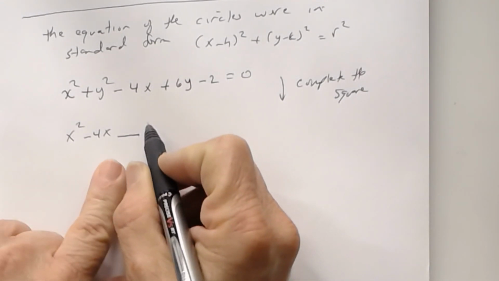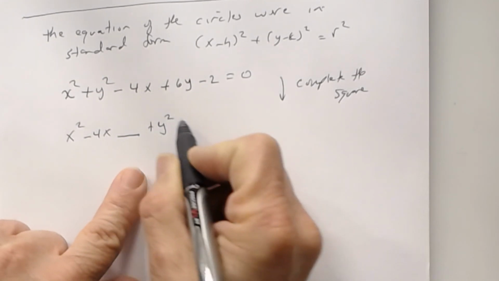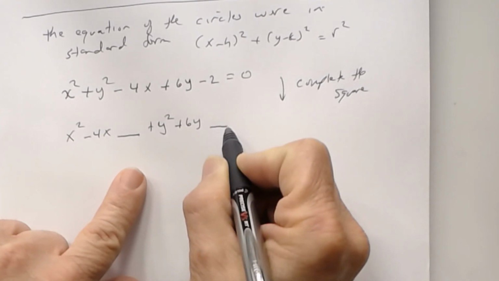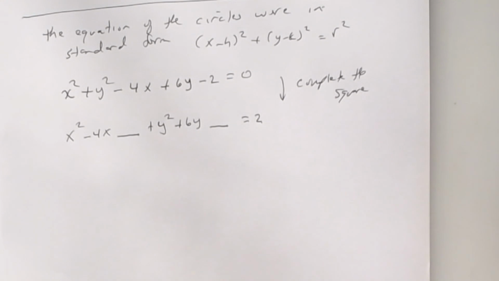Then put the y's together: plus y² plus 6y. Leave some space. Equal 2. Now I have to add something to x² - 4x to get a perfect square trinomial. Do the same thing with the y's.